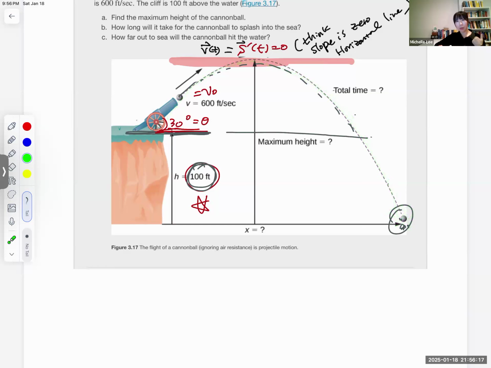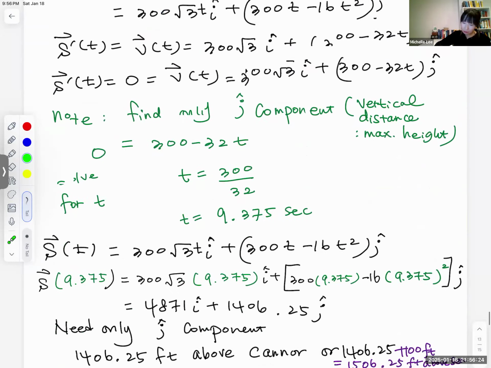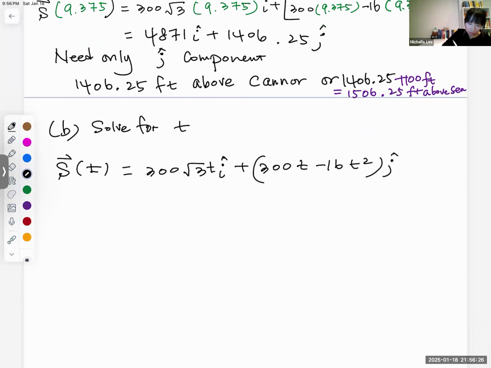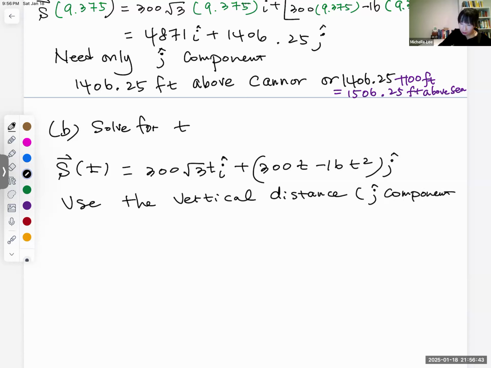For vertical distance we were using the j component earlier. So j component, right? Now we have 300t minus 16t squared.